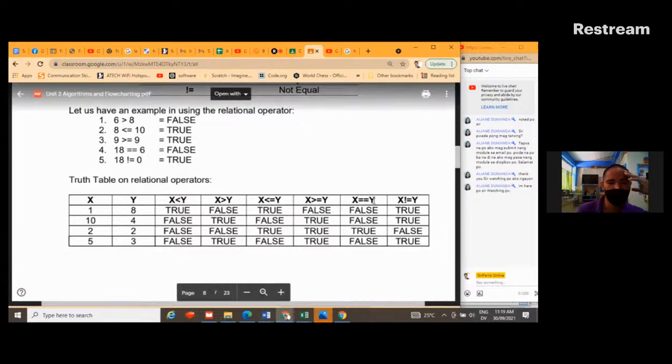X is equal to Y, that's false. And X is not equal to Y is true. Here's a technique for equal and not equal: if the answer for one is false, automatically the answer for the other is true. As we can check here: true, false, true, false, false, true.